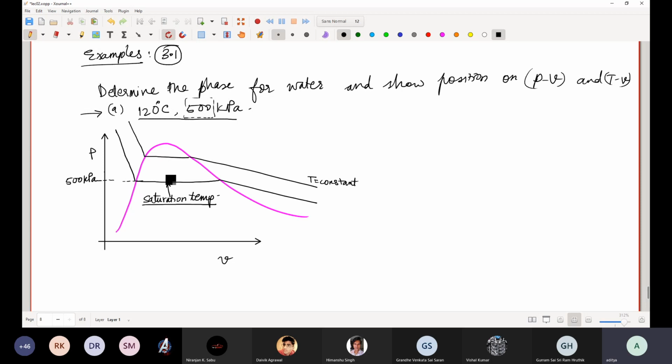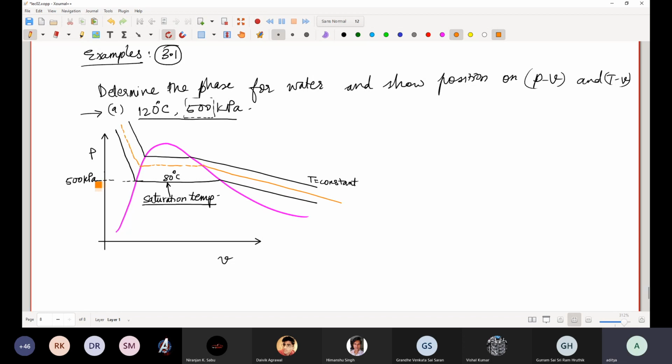This isotherm could be 80 degrees Celsius. So where will the 120 degree isotherm be? Let me just draw. If this is 80 degrees Celsius, at a higher temperature, this will be the isotherm. So suppose this is the 120 degrees Celsius isotherm.